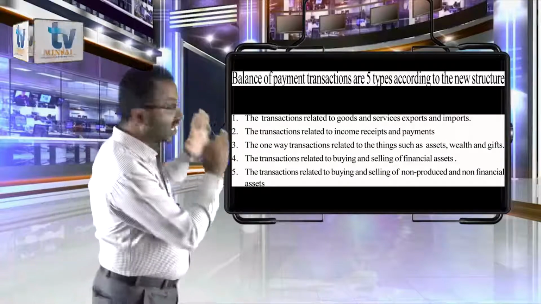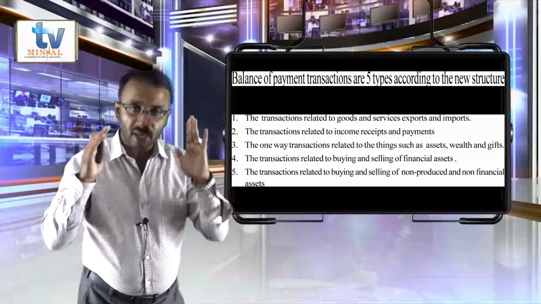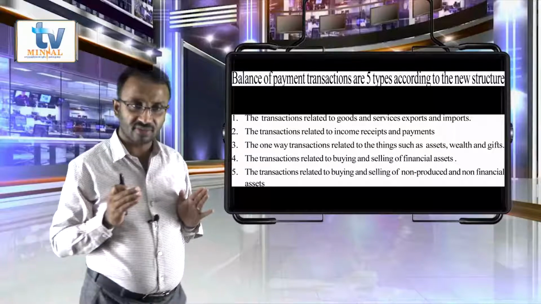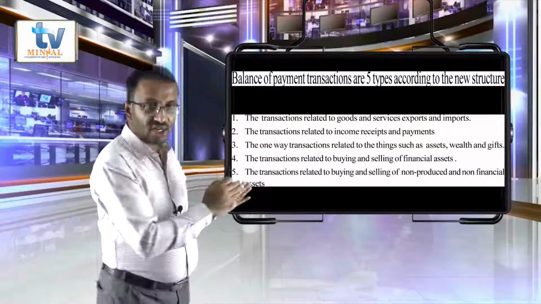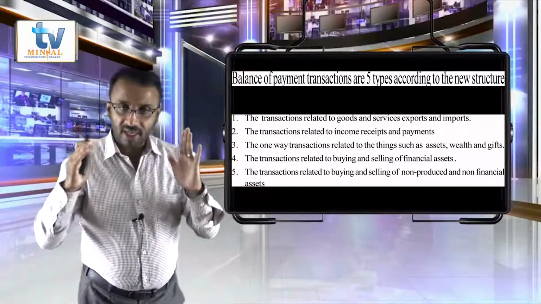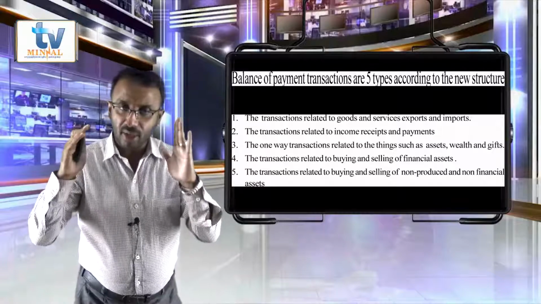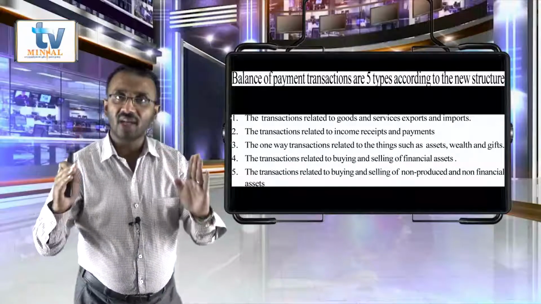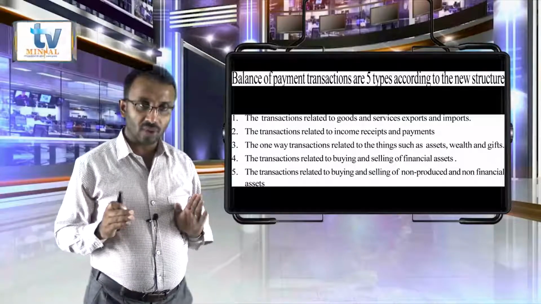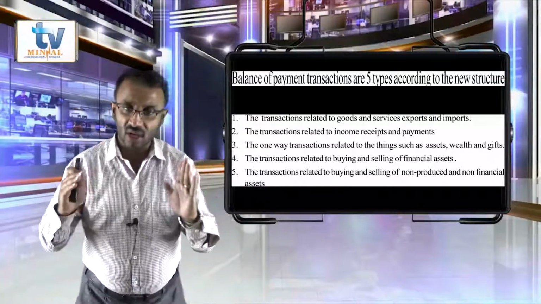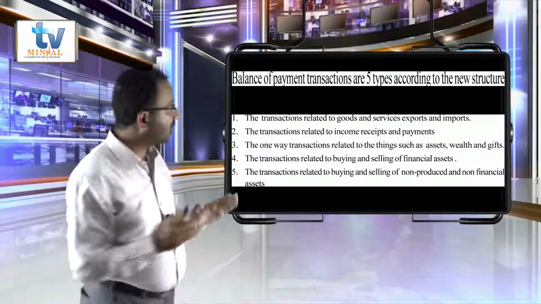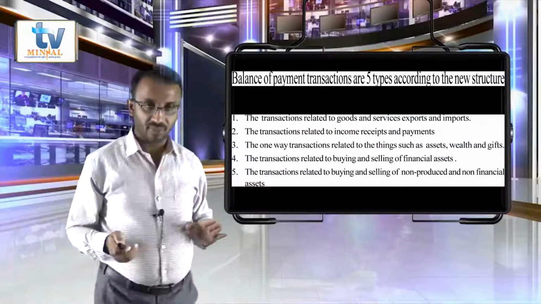The transactions related to buying and selling of financial assets. The transactions related to buying and selling of non-produced and non-financial assets. So the balance of payment transactions are classified into 5 types.